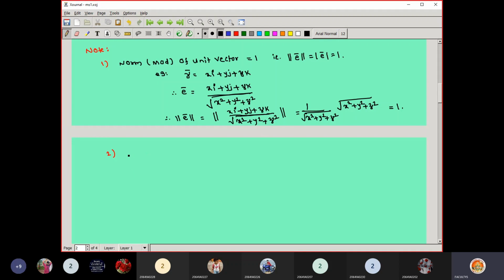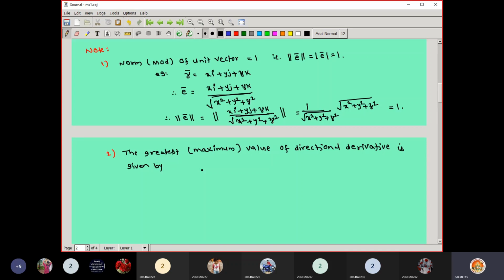Second note. The greatest, or sometimes you can call it maximum, value of the directional derivative is given by a formula.